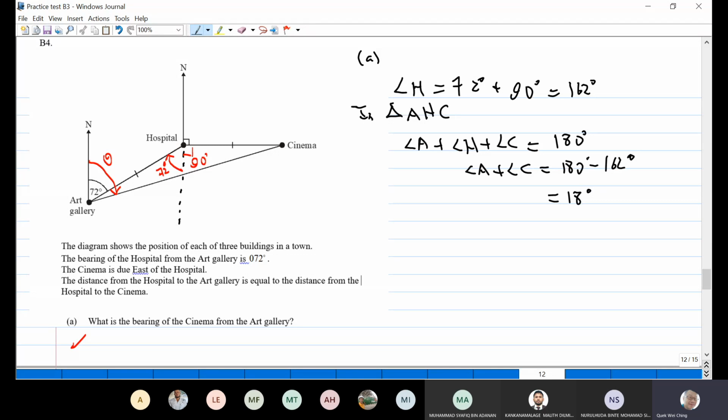But the distance from hospital to art gallery and the distance from hospital to cinema are equal. So that means angle A is actually 18 over 2, 9 degrees.